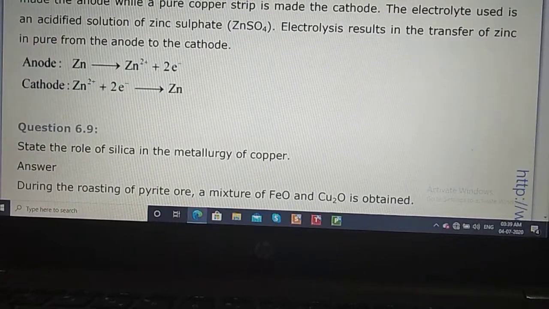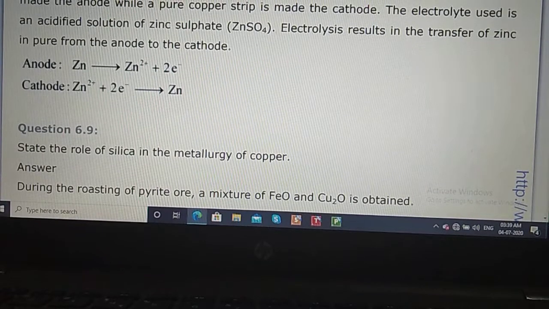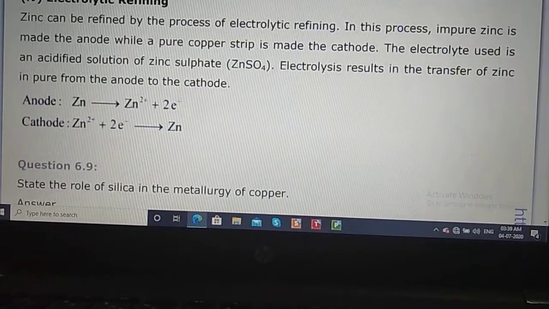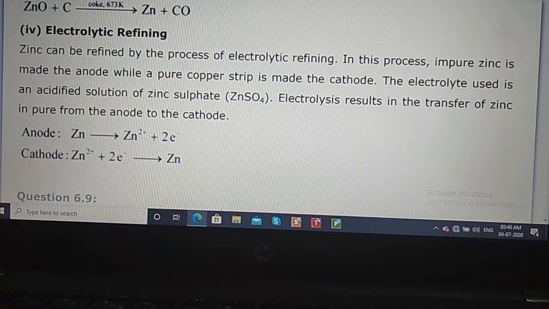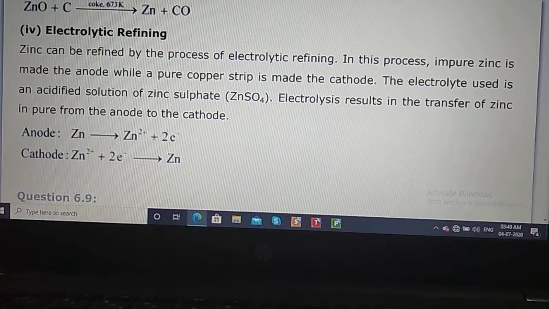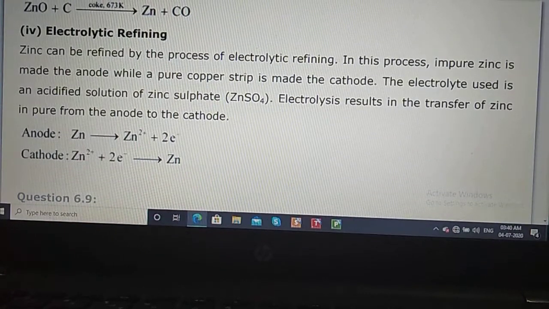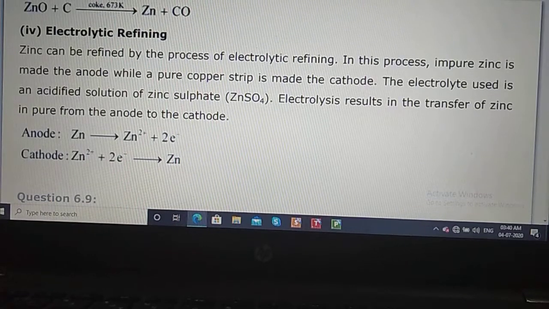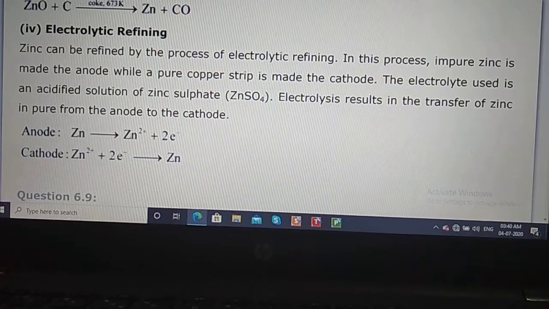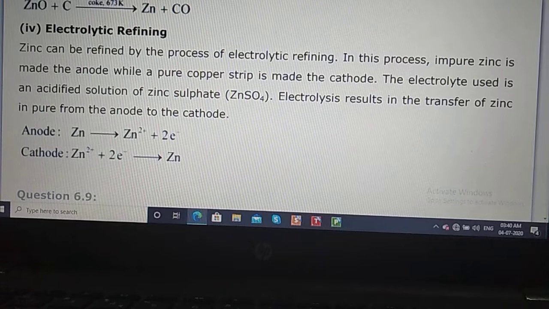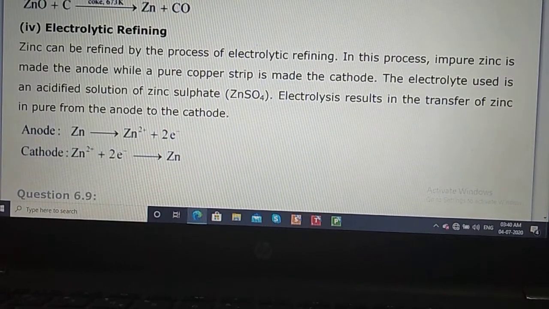Now how will we do the refining, students? Refining of zinc is done by two methods. The first method, which we already know, is the distillation method, and the second method is electrolytic refining. Zinc can be refined by electrolytic refining. In this process, impure zinc is made the anode while a pure zinc strip is made the cathode.